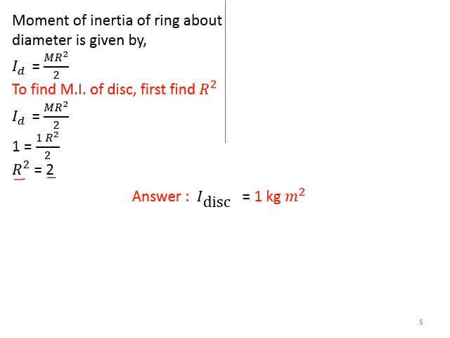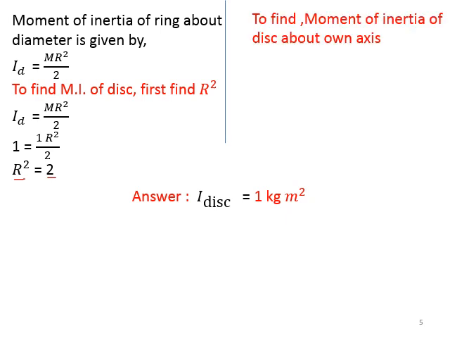Clear? Now next we have to find out moment of inertia of the disc. Same formula. हाच formula आपल्याला वापरायचा आहे कारण the same formula is for moment of inertia of the disc. ठीक आहे? Now R square we have 2. Substitute and simplify. Mass is 1 and it is very simple. Calculations are too simple.